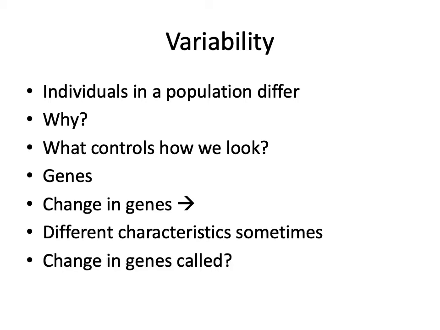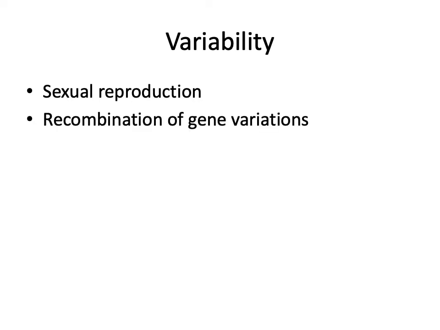And changes in genes are called what? Well, if we're talking about the genetic change in a population of organisms through time, that's evolution. But if we're talking about a change in an individual gene, that's a mutation. And sexual reproduction increases variability in different ways.